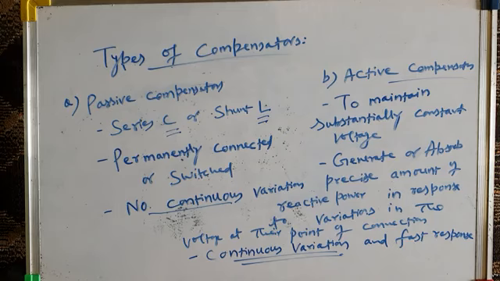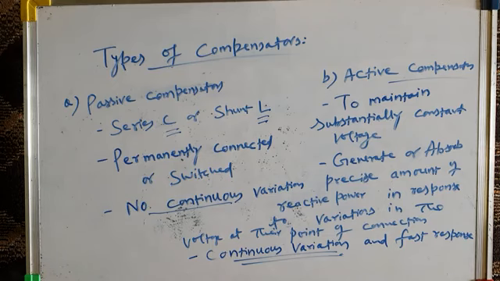If you connect a capacitor across the load, the capacitive current will cause a voltage drop equal and opposite to the inductive voltage drop, and hence they cancel each other. The only drop remaining is due to the in-phase or resistive component of current, which is not significant, and hence it improves the voltage profile or voltage regulation of the transmission system, making the receiving end voltage very nearly equal to the sending end voltage.